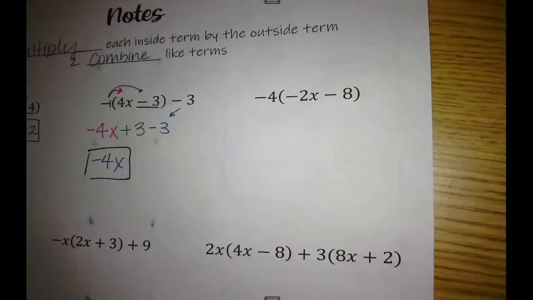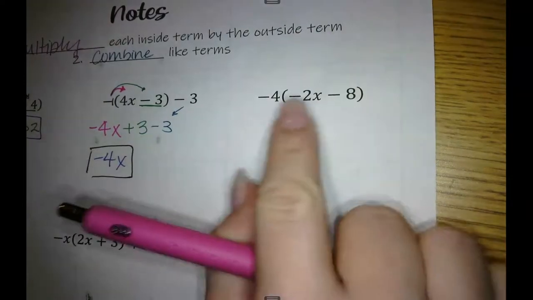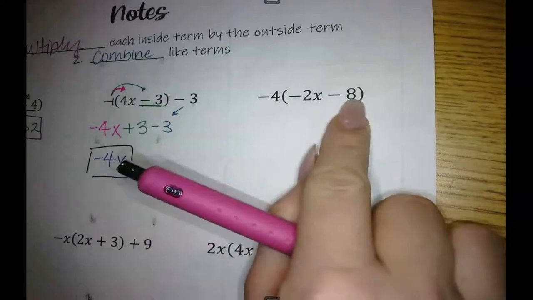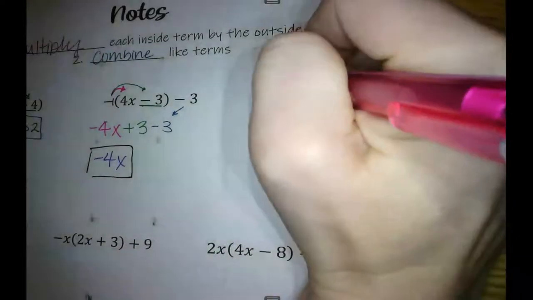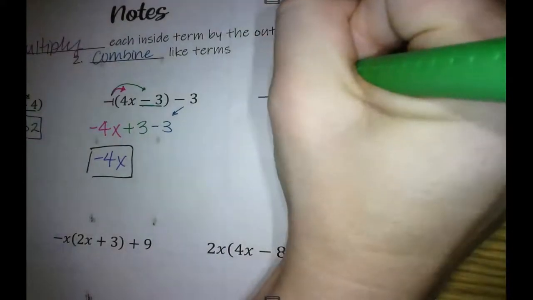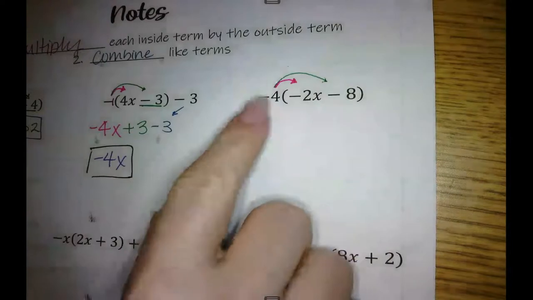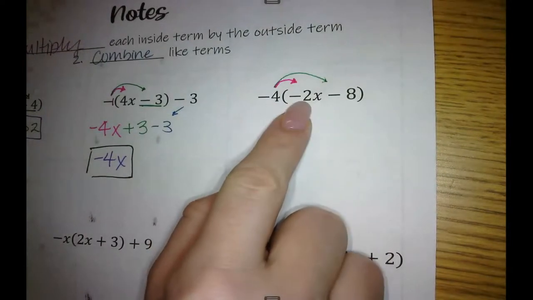All right, let's look at one more simple example before we get to the more complicated ones. We've got negative 4 times negative 2x minus 8. Again, we are multiplying each thing inside by the outside. So we've got negative 4 times negative 2x.